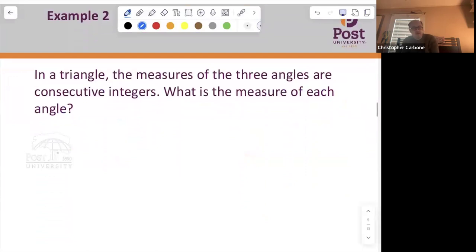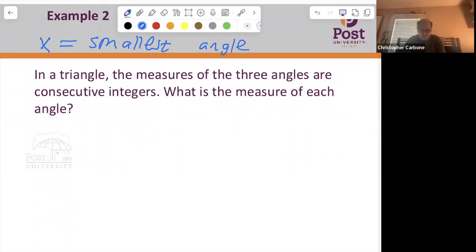For this second example, I have in a triangle, the measures of the three angles are consecutive integers, and we want the measure of each angle. So I'll call x here our smallest angle. It doesn't have to be this, but if it's not this, you have to adjust the actual equation.